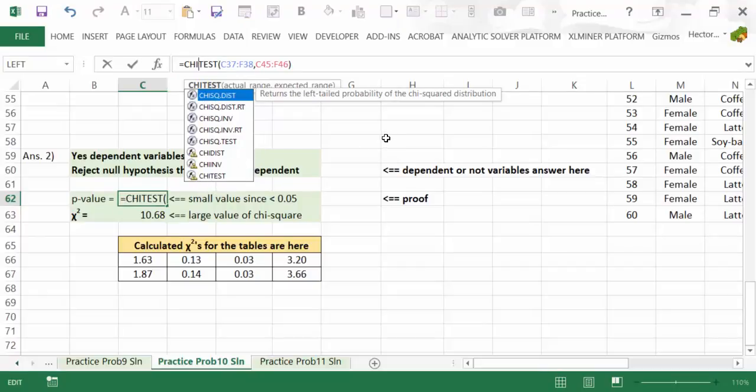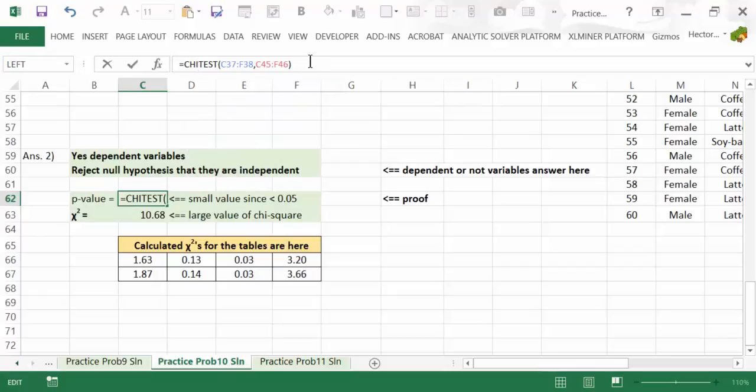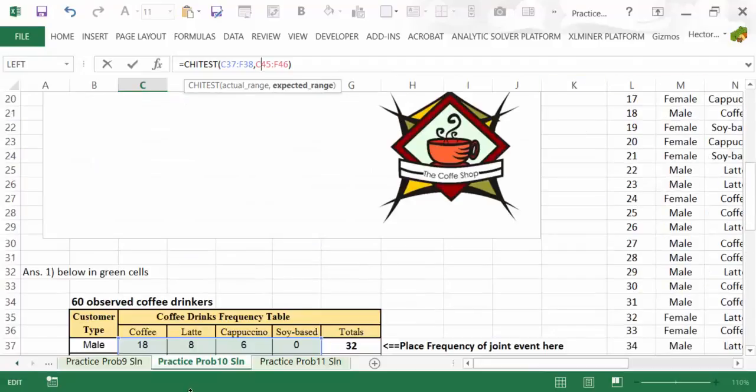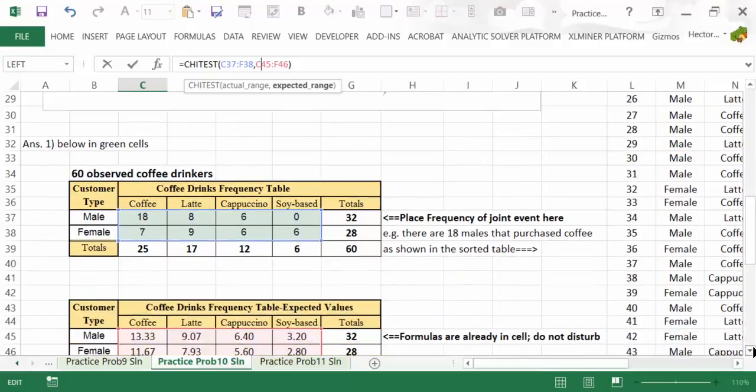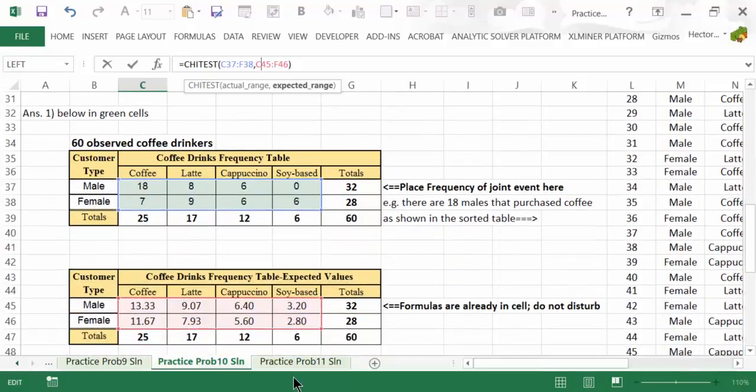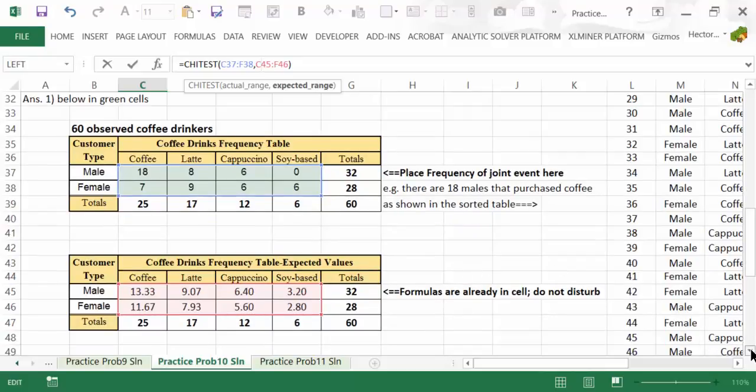Chi-test right here. So this is the function that we want, and this chi-test looks at the actual range of the contingency table up above, and the expected values. We can see these here and here. And it does that calculation of the chi-square and works its magic and then gives you a p-value.